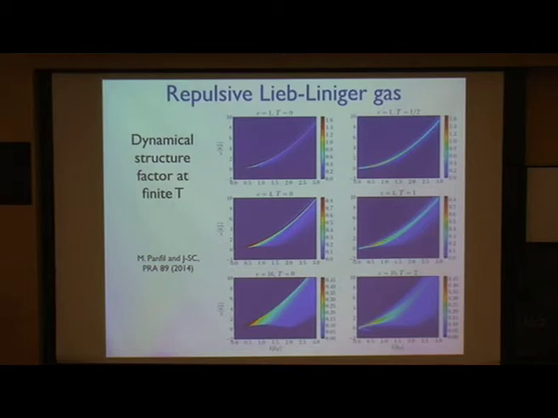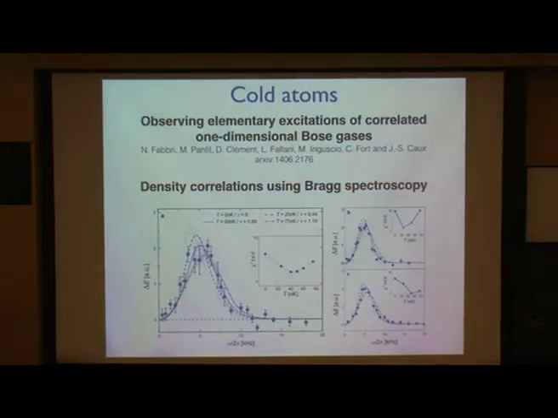So doing calculations at finite temperature for the correlations was quite a challenge, but we got some results on this with one of my ex-PhD students. So these are unpublished results. They're on the arXiv, but they're not in published papers yet, showing the correspondence between the experimental observation using a method known as Bragg spectroscopy for the density-density correlations in these gases as a function of energy and momentum compared to the calculations.